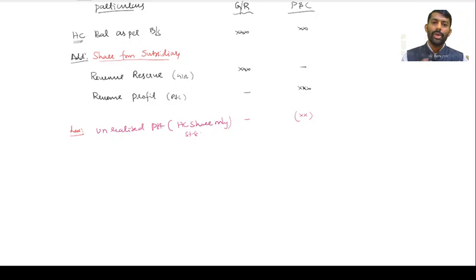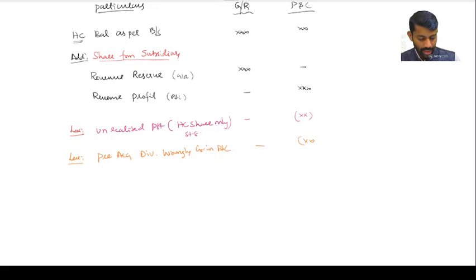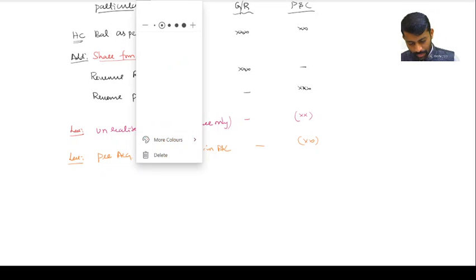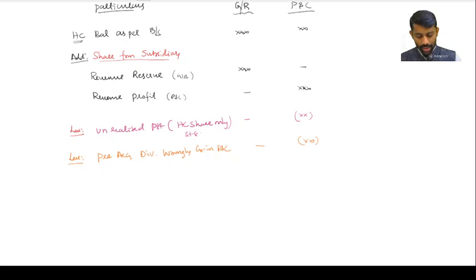Now because of the adjustment, you have done the rectification and reduced it from cost of investment in step number 6. In the same stream, in profit also you have to eliminate it. Less pre-acquisition dividend wrongly credited in P&L. So that you have to eliminate.